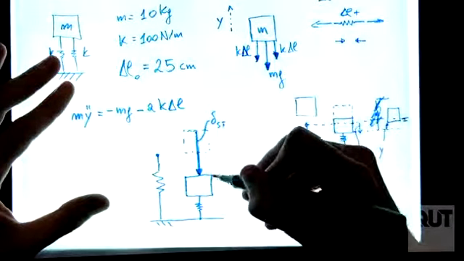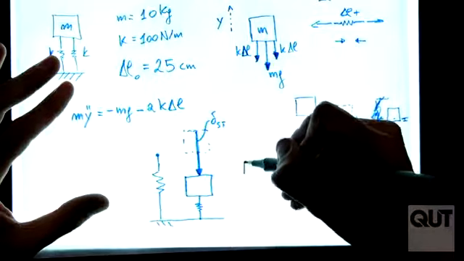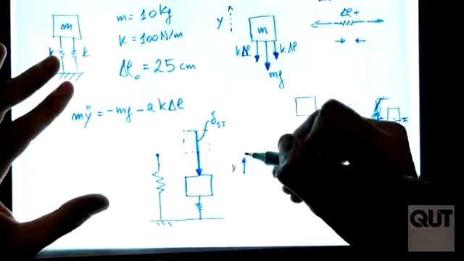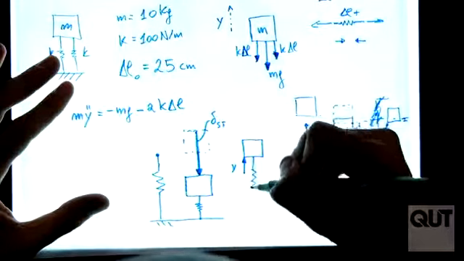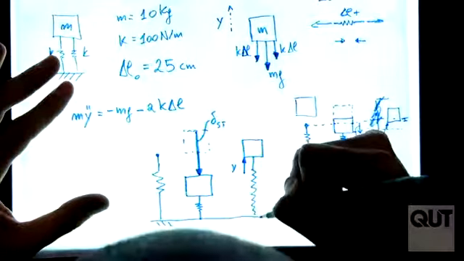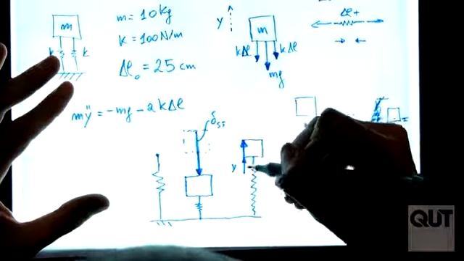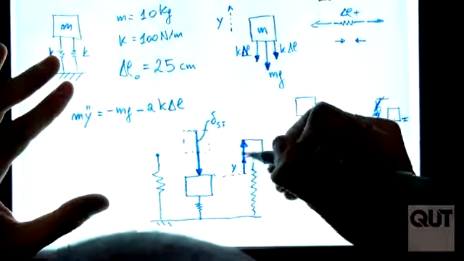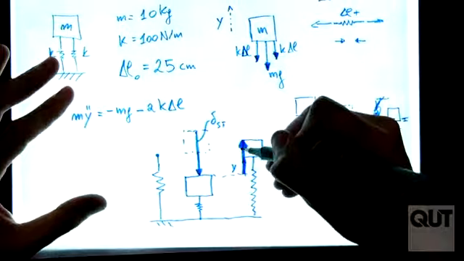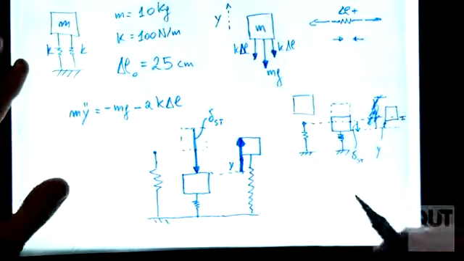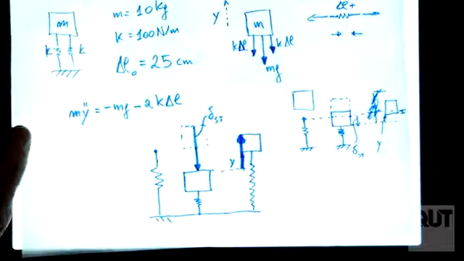Now this mass moves vibrating by a tiny quantity, y, and it goes here when it vibrates. So how much is delta L?